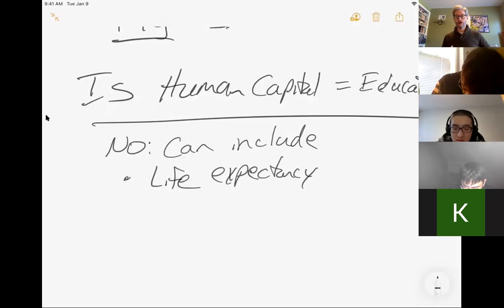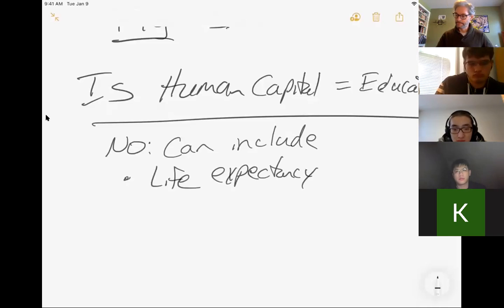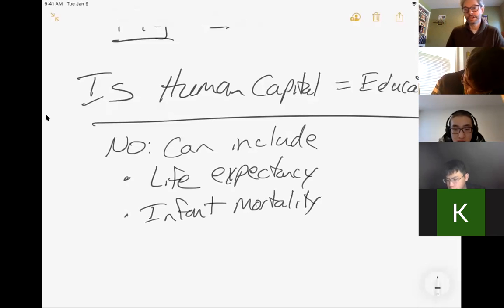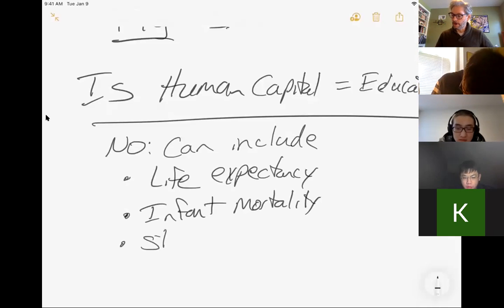Because obviously longer-lived people are going to be able to create more experience and more know-how that they can bring to their jobs. Infant mortality, right? If you lose a lot of your population in those early years, you're essentially losing a lot of human capital. Many studies have looked at things such as stunted growth.